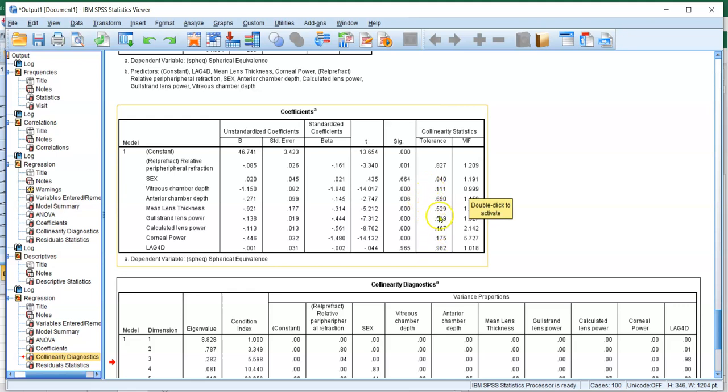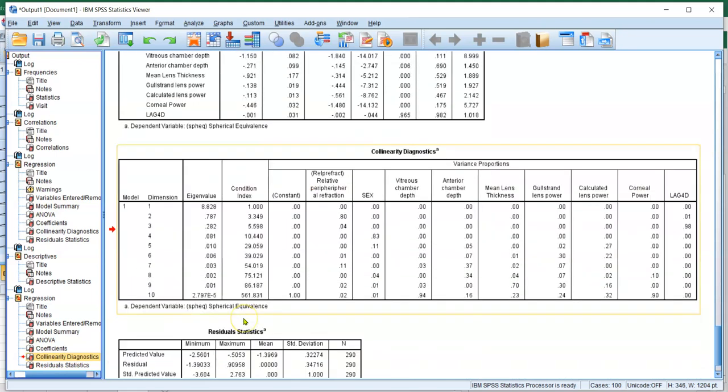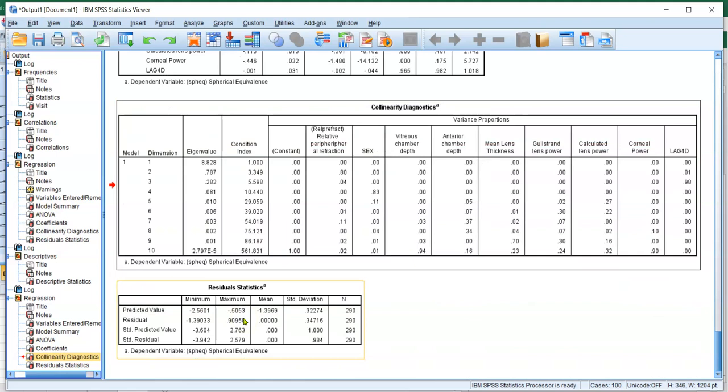There's others that are like it, anterior chamber depth and so forth. You can see. So this variance inflation factor, what is that? It's inflating the variance more than it should. And our criterion there is 2. If you're greater than 2, it's not good.